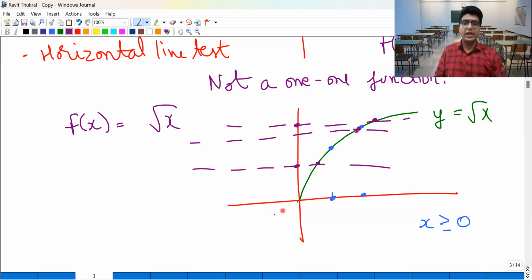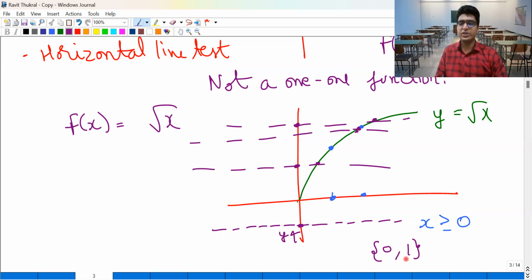And if I look for, let's say, a y below 0, for this negative y, if I try to see an association, it turns out there is no association. But again, it is part of the definition that for each y the number of associations can be 0 or 1. Here we have 0 associations, so again satisfied. That makes square root x a 1-1 function.